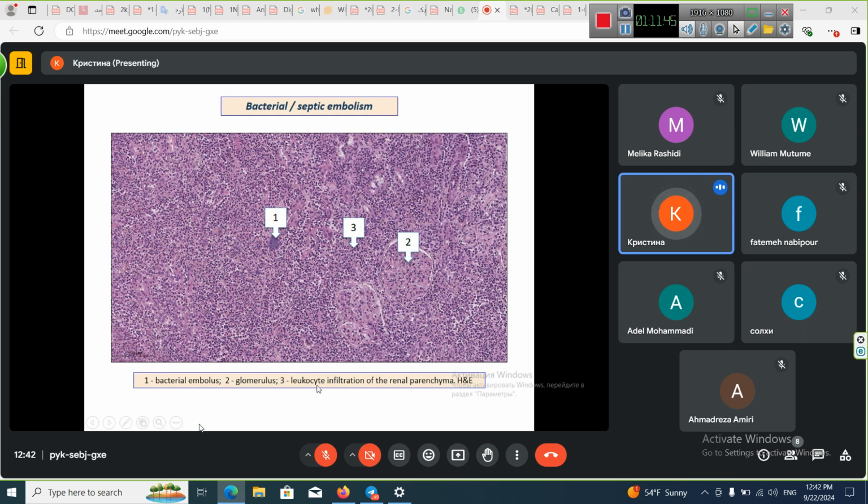Number three is for leukocyte infiltration of the renal parenchyma. Here you see a lot of cell nuclei located very close together. It is not normal for the kidney. It means that we have here additional cells. In kidney, we should normally have the cells which make nephrons of kidneys. But here we have lots and lots of cells.